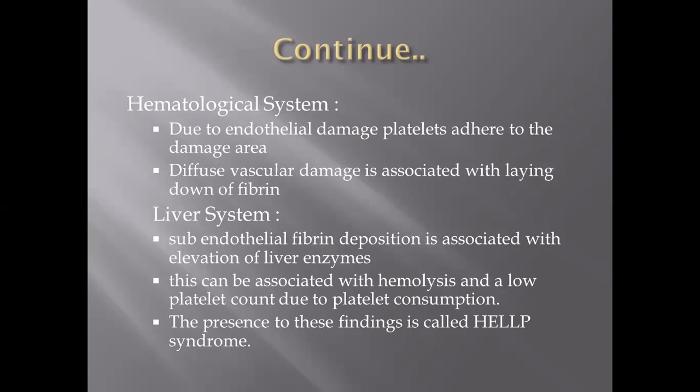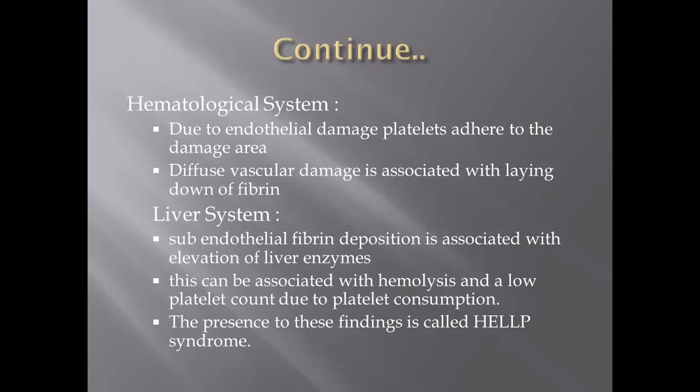So preeclampsia is associated with increased fibrin deposition and reduction in the platelet count. So in the hematological system, there will be two main changes: increased fibrin deposition, and second, a low platelet count.